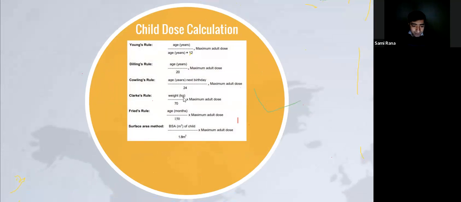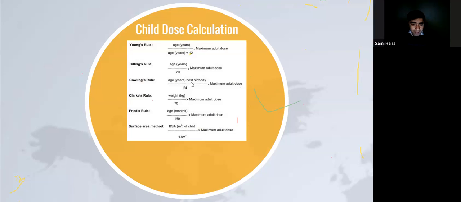For example, if they are giving you weight, then you will be using the Clark rule, and this is the main important one. Most chances are you are going to encounter this in your exam, or maybe the body surface area. If they are giving you the age in months, use this formula. If they are giving you the age in years, use this formula.